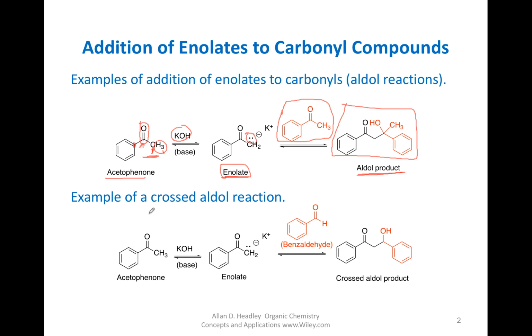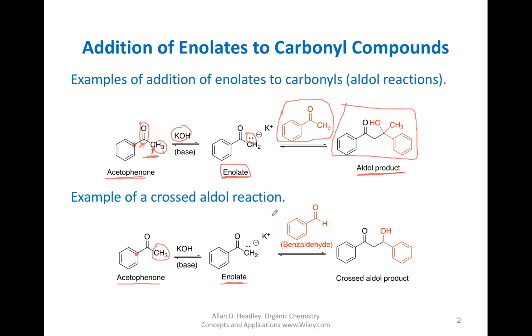Let's look at this reaction. Very interesting one, because here we have acetophenone, same as we had up here. One set of alpha hydrogens, none here of course. So the enolate that's generated is here.